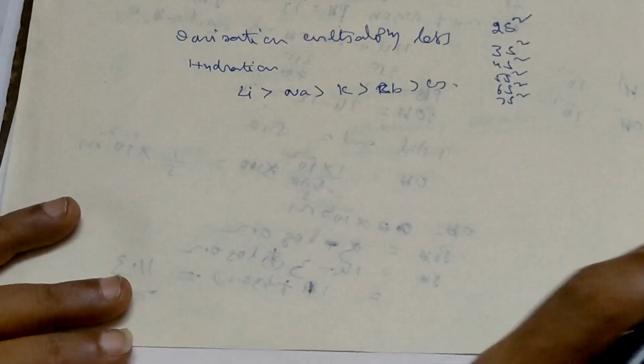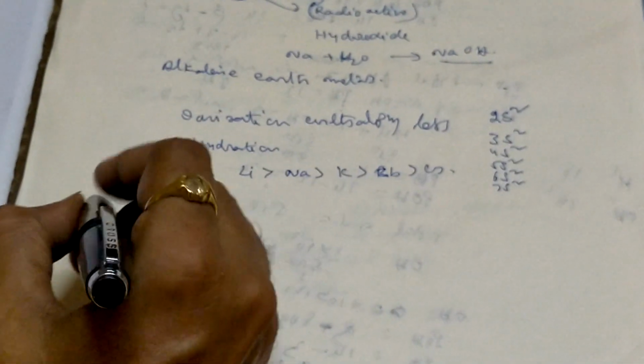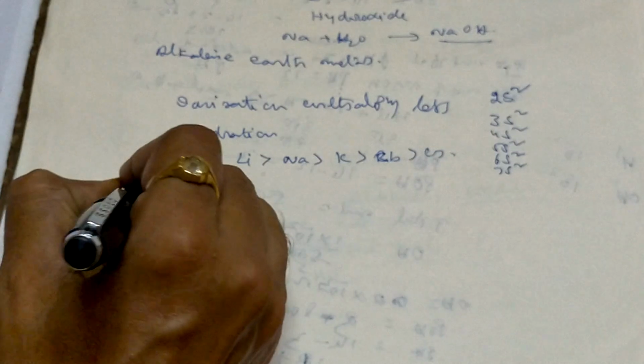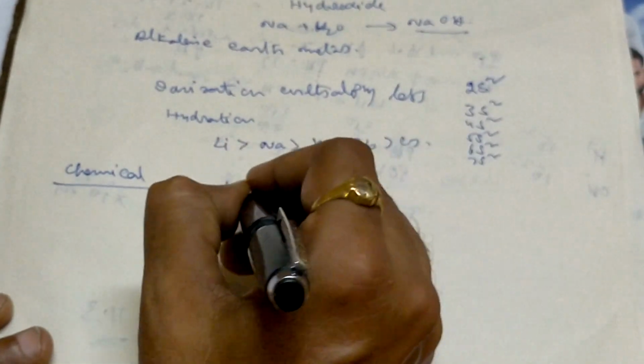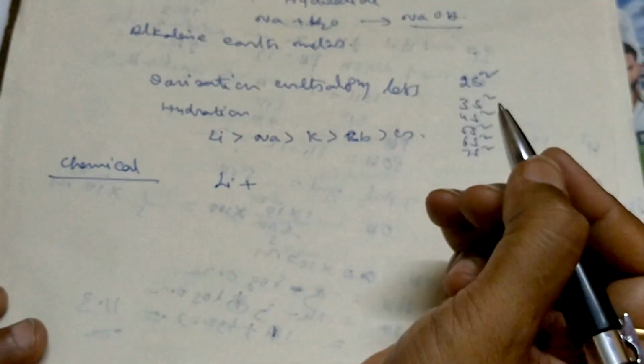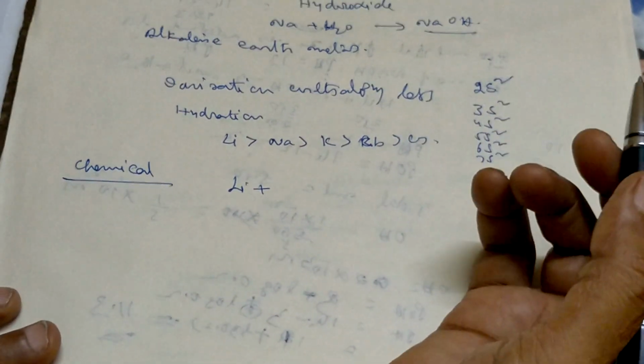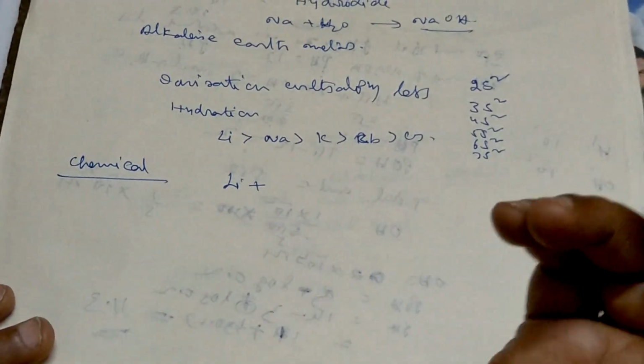Now this was only some physical properties, and after physical properties we see chemical properties. The more important ones are the chemical properties. Normally we look at reaction with oxygen, with chlorine or halogens, with nitrogen, like this for any compounds.